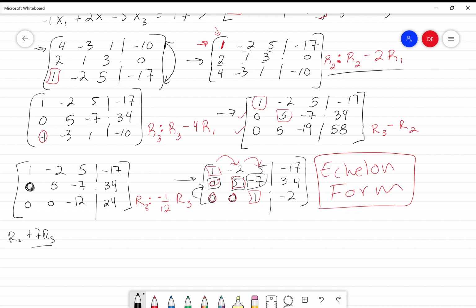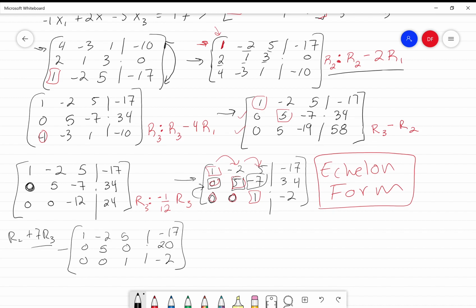So when I do plus 7 row 3, I will get 1, negative 2, 5, negative 17, 0. This one stays the same. And this one becomes 0. And then I have 34 plus 7 times negative 2, which is going to be 20.